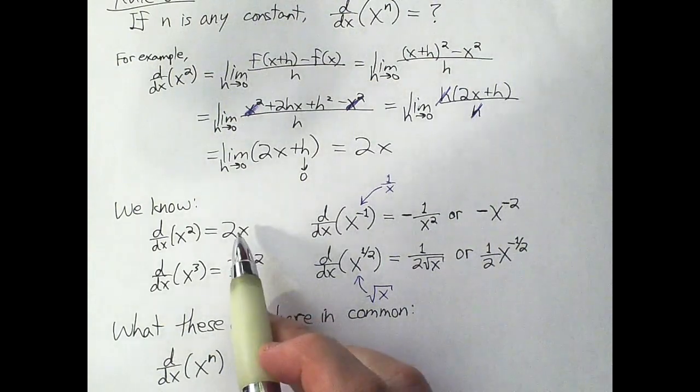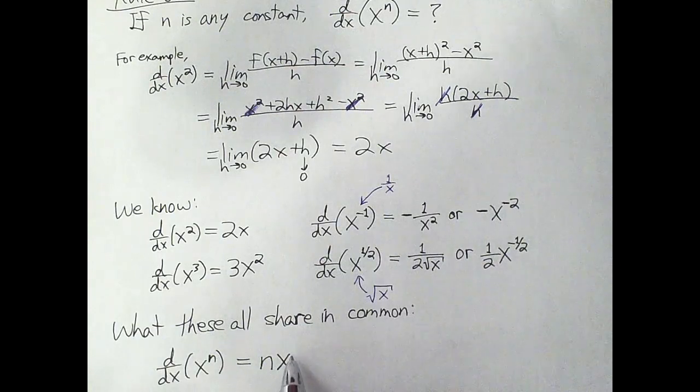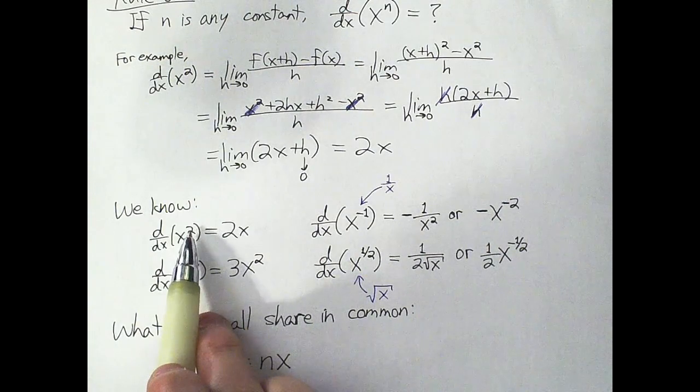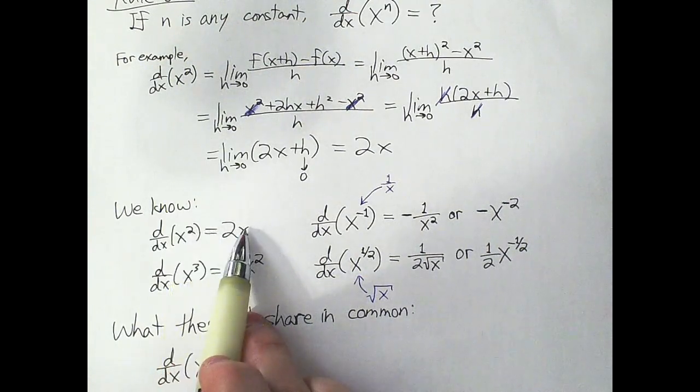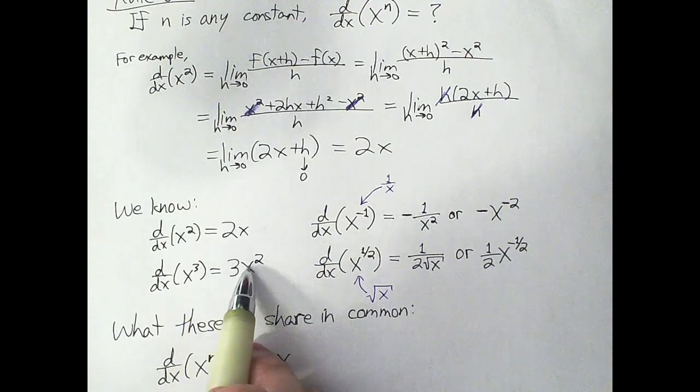That's what they all have, right? There's x to something, x to something, x to something, x to something. What power do we have to put here, though? Let's look at these 4 examples. When this exponent was 2, this became x to the 1. When this exponent was 3, this became x to the 2.